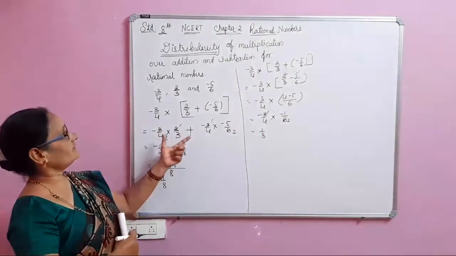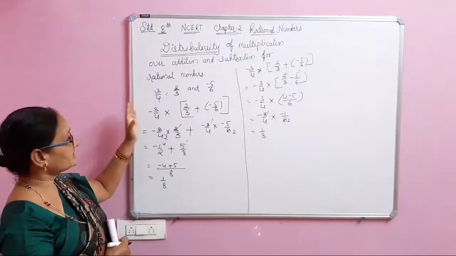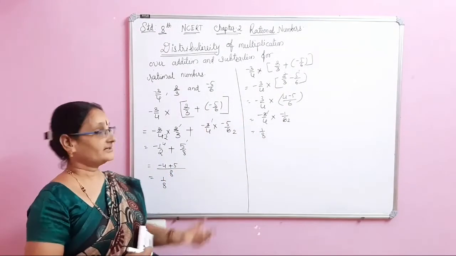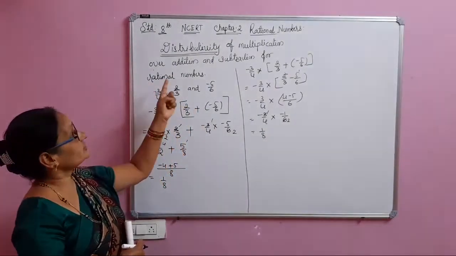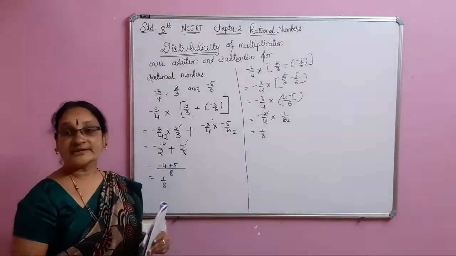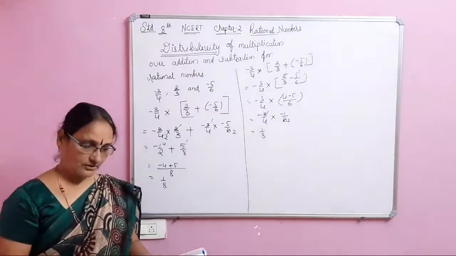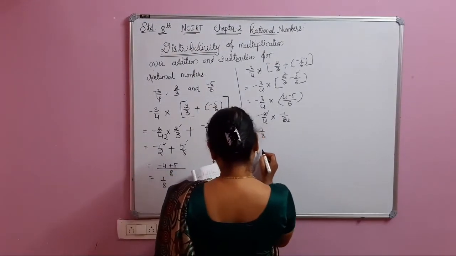So the same way, distributivity means the first factor or the first number is distributed to both of the numbers inside. In between, it may be plus or minus. This is distributivity of multiplication over addition and subtraction. This will be useful in solving problems. So in general, how can we write it?